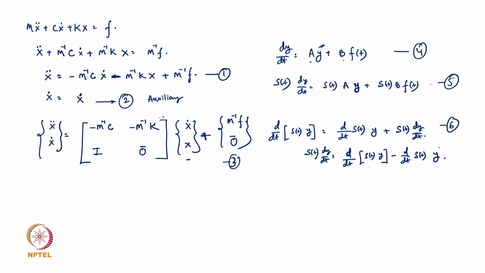So what can I do? Let's assume this is 6. So I just substitute 6 into 5. What can I get? I will get d/dt of (S(t) y) minus d/dt of S(t) into y should be equal to S(t) into Ay plus S(t) into B f(t).